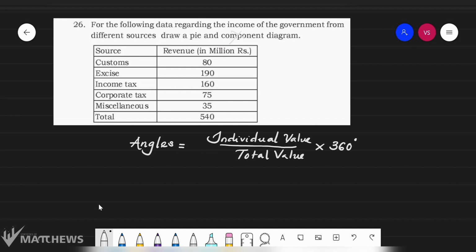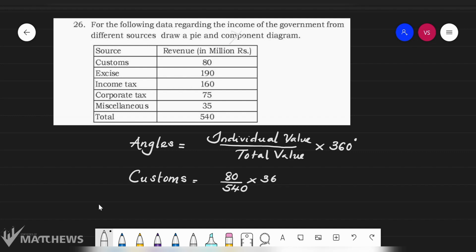Okay, right. Let's do one calculation, students, for customs. For customs, the first source of income for the government is from the customs. Customs, they get revenues of 80 million rupees. Okay, out of 540, 80 million come from customs into 360.